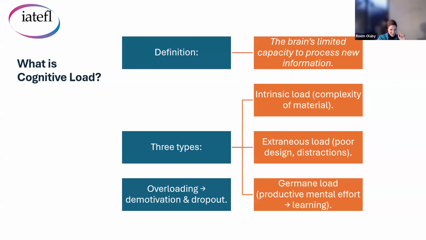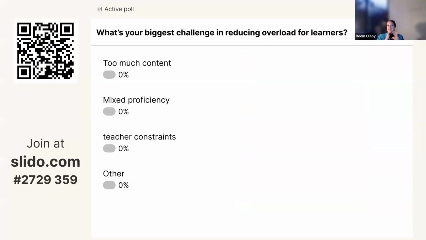Okay, so now it's your turn. What's your biggest challenge in reducing overload for learners? So you will see the Slido poll pop up when you scan the QR code.